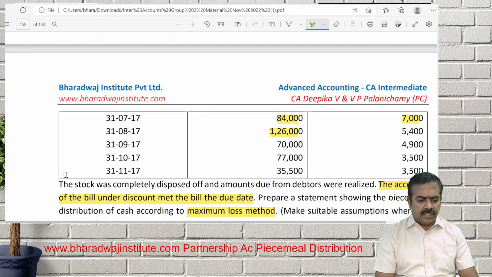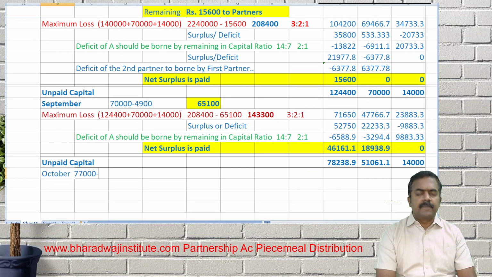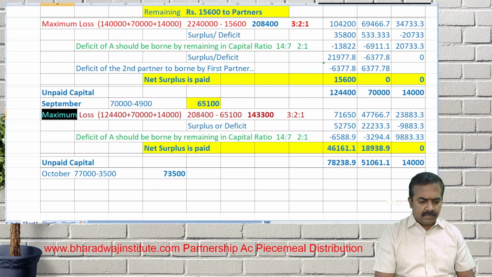Which month realization next? October, 77,000 minus 3,500. 77,000 minus 3,500 comes to 73,500. That 73,500, you have to work out the maximum loss now.